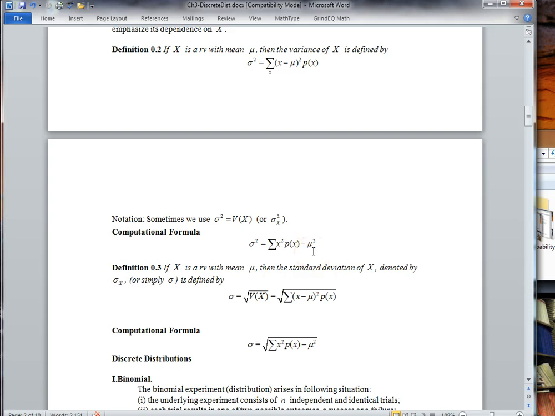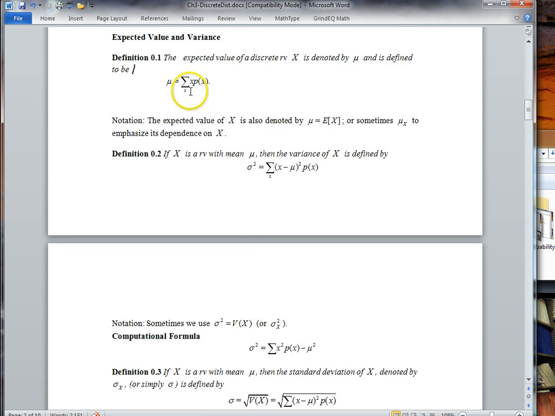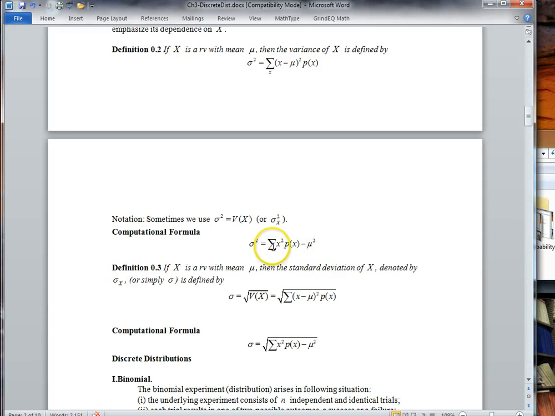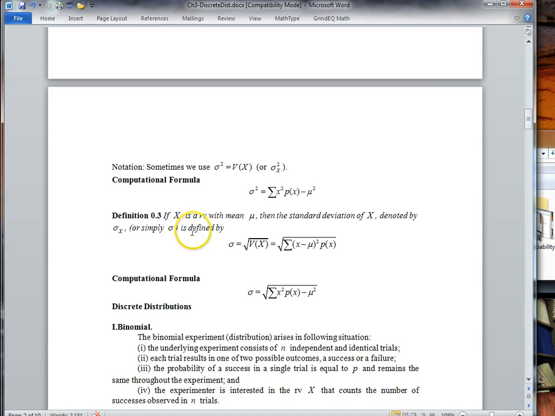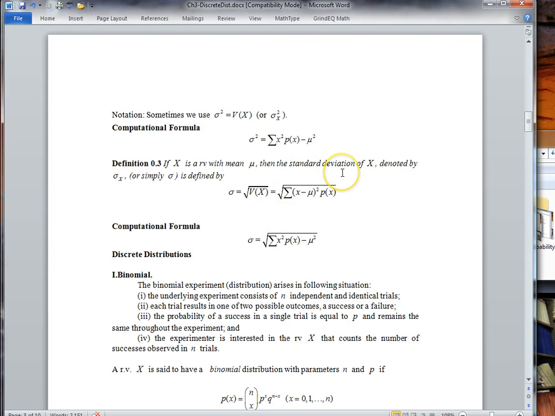Basically you compute the mean, which we did here, and once you compute the mean, you compute this part here, which is: you take x, you square it, multiply by p of x, you add, and then you subtract the square of the mean, and that's your variance. To compute the standard deviation, you just take the square root of the variance. So that's the computational version of that, right?